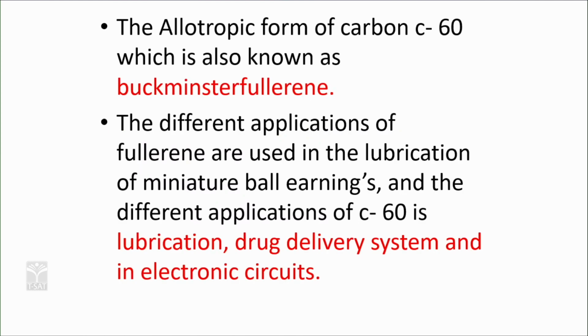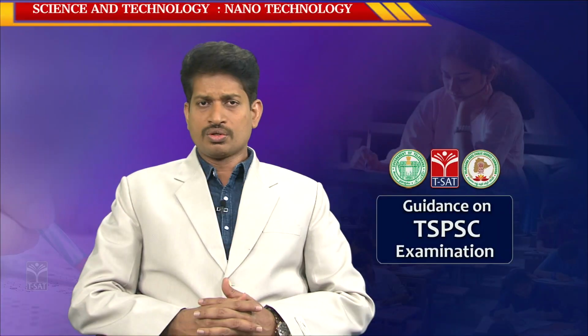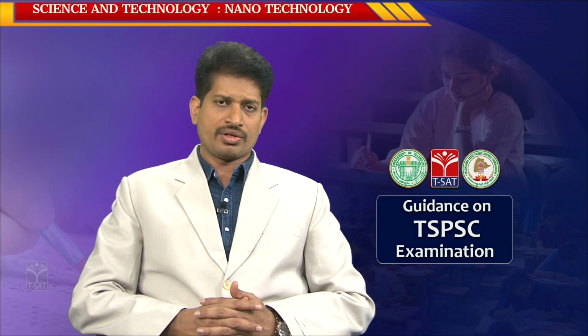The other application of nanotechnology is the allotropic form of carbon, C60, known as Buckminster Fuller. The advantage with Buckminster Fuller is that this material can be used for targeted drug delivery and lubrication of very large machinery.